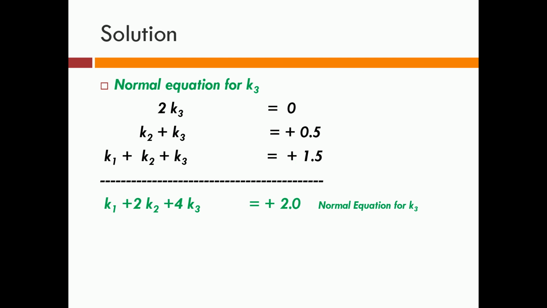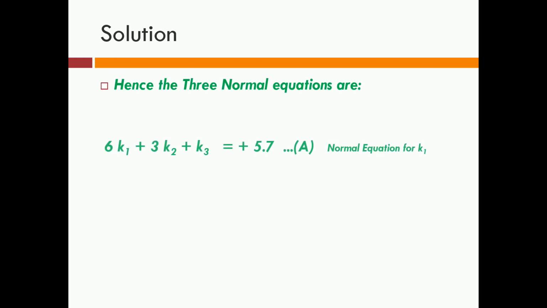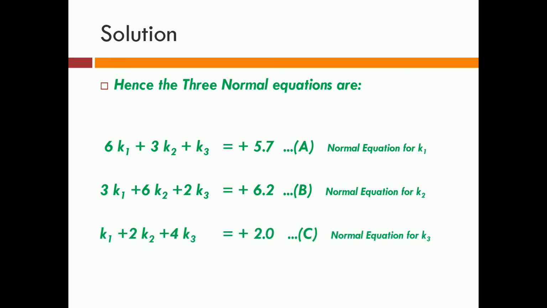So after forming these normal equations, the last step is you have to solve these equations for K1, K2 and K3. So these are the three normal equations: the normal equation for K1, the normal equation for K2 and the normal equation for K3.